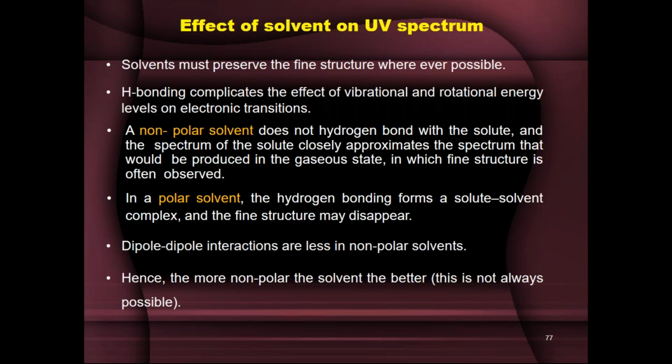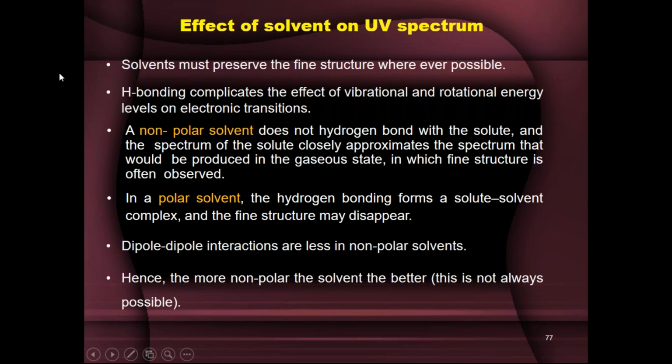If hydrogen bonding is seen in a molecule, it complicates the effect of the vibrational and rotational levels superimposed on electronic transitions, and you see a large band instead of the fine structure due to the vibrational and rotational energy transitions.